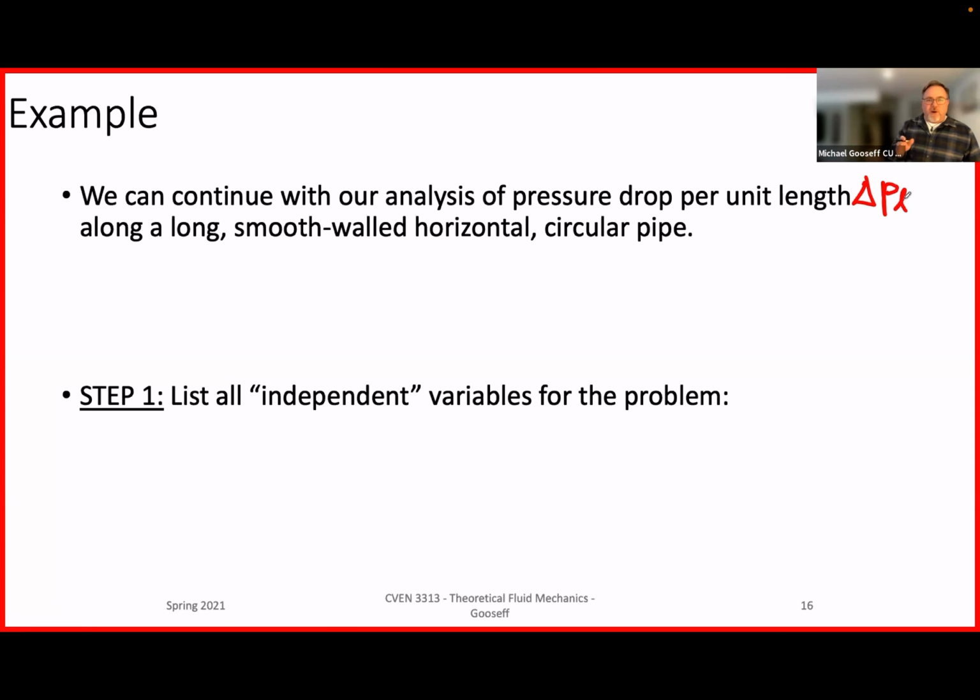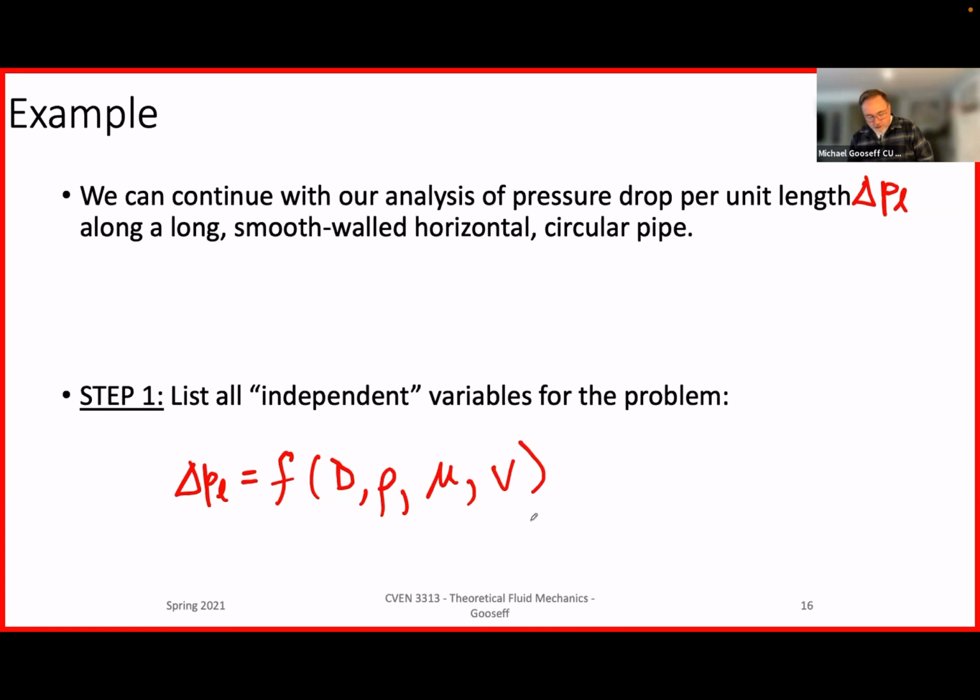First, let's list all of the independent variables for this problem. Delta P sub L is going to be some function of D, the diameter of the pipe; rho, the density, because we need inertia to keep this fluid moving; mu, because that's a property that tells us about the resistance to movement; and V, the velocity.